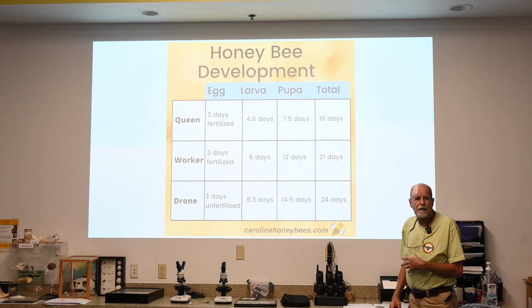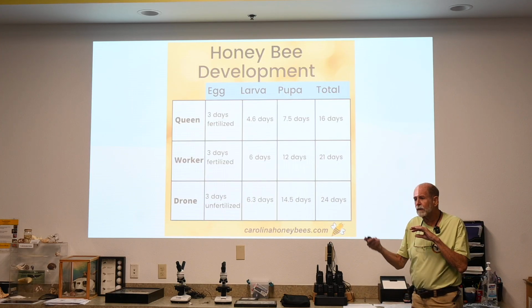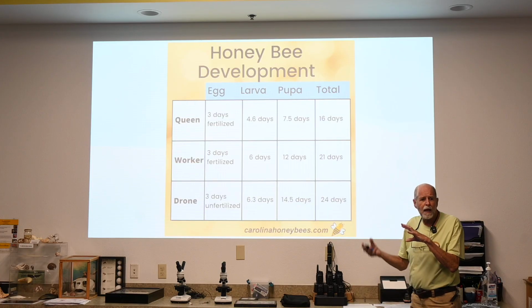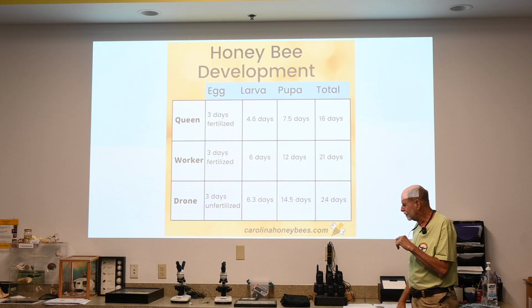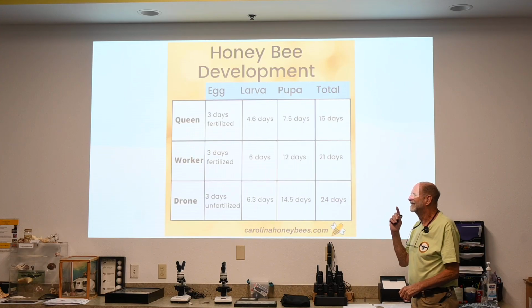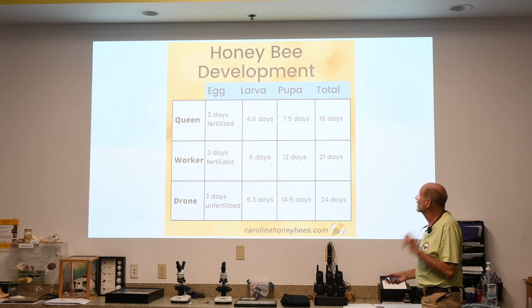If not, it gets fed a special diet of what they call bee bread. It's a mix of the royal jelly and the protein, which would be the, not nectar, pollen. Thank you. Went brain dead for a second.